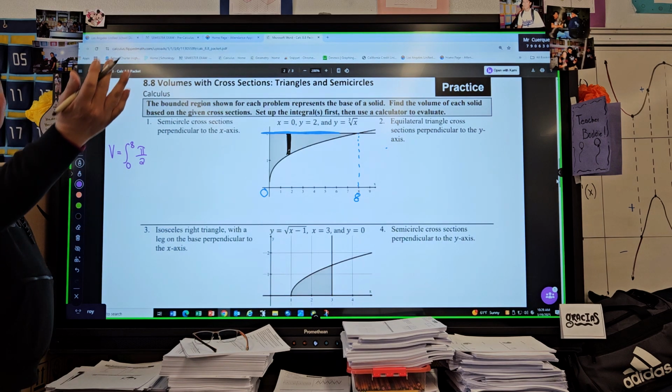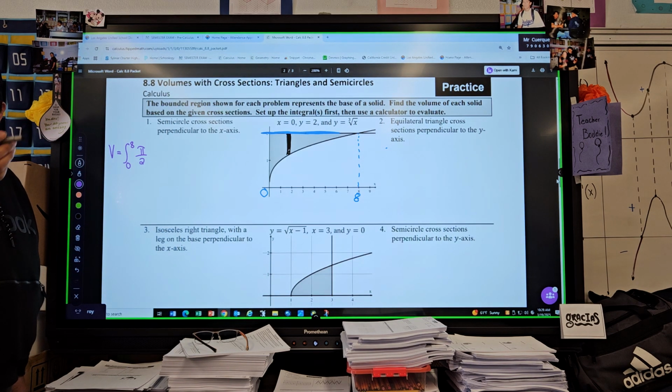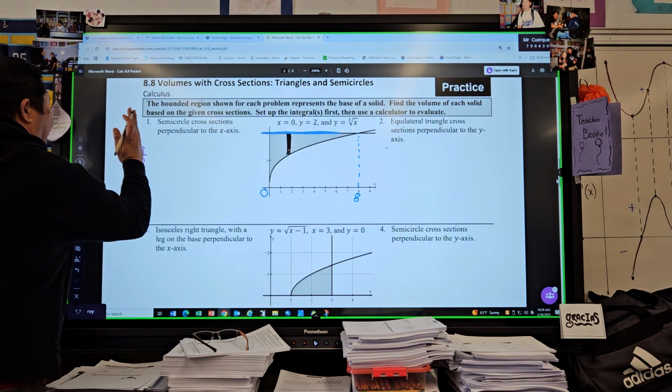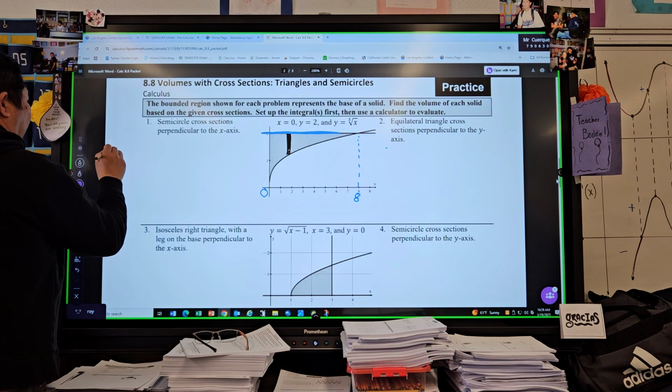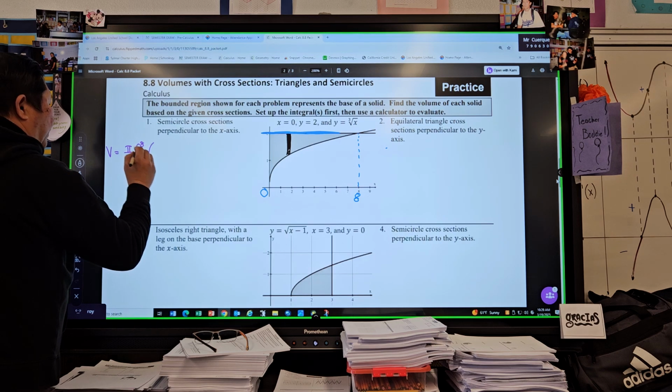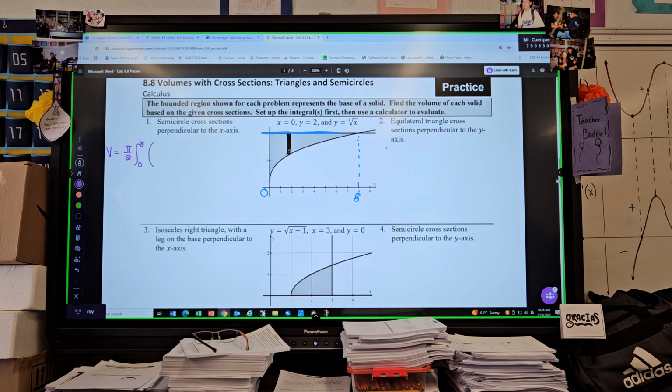And then after that, you multiply whatever is the denominator on the difference of the two functions. So the volume is equal to pi over 2, the integral from 0 to 8, and then what is the upper curve?